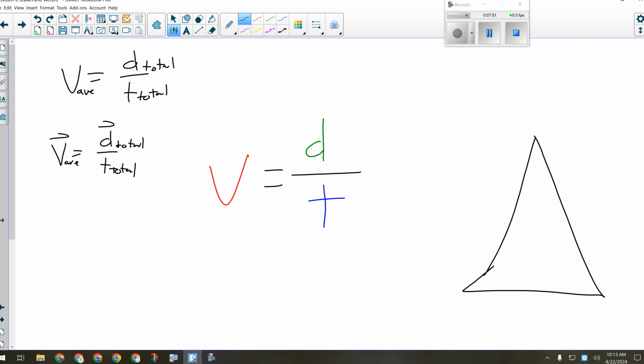Okay, let's look at manipulating this formula. Should I use a triangle? Don't use a triangle. I will become enraged if I see a triangle anywhere on your papers.